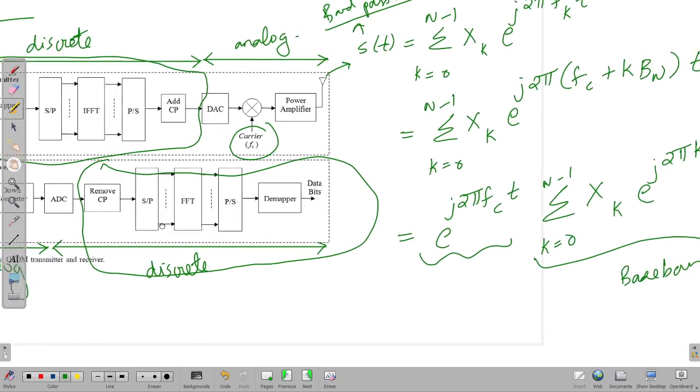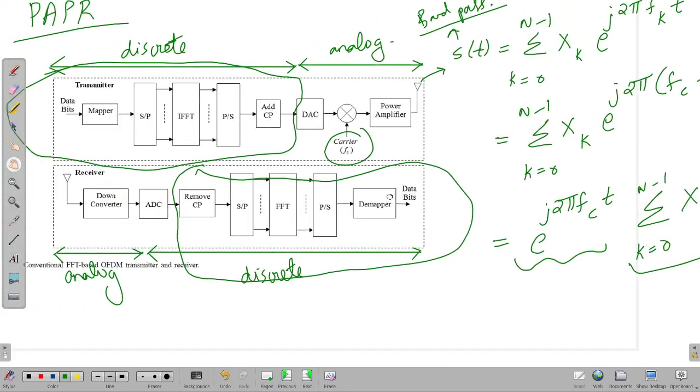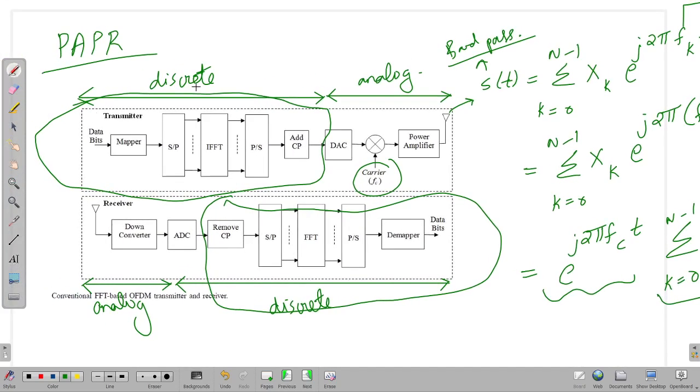But there is something happening in the continuous time. When you convert this discrete signal to an analog signal, the actual signal is regenerated there. Okay, the actual signal is recovered there. So till this point, you have sample values of the OFDM signal.